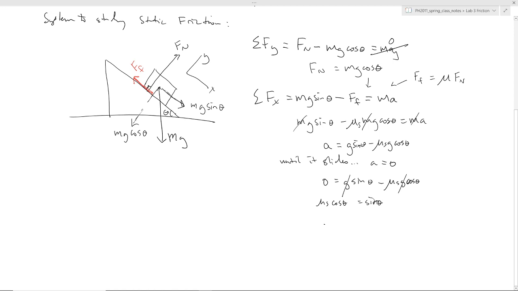Divide by the cosine. And we come up with this really concise relationship that mu s is tangent of theta. And I'm going to call this theta max to mean this is the maximum angle before the object begins to slide. Okay?